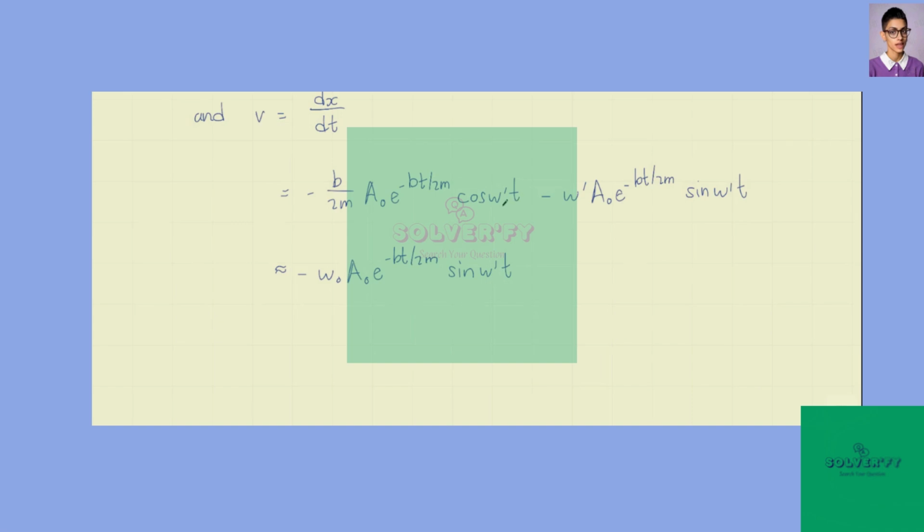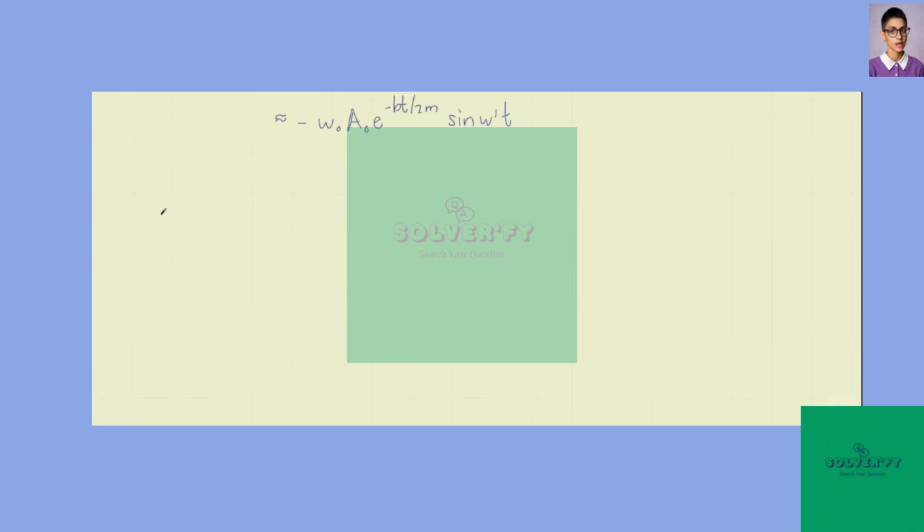Now that we have expressions for x and v, we can write the energy E to be a half kx squared plus a half mv squared.